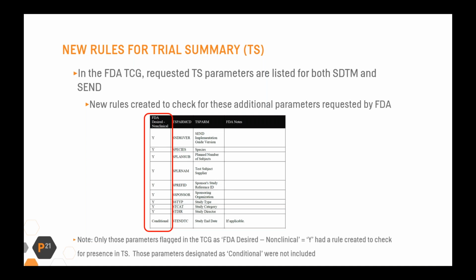Please note that we created a rule for any parameter designated as Y in the TCG. We did not include any that are considered conditional. So if it's FDA desired, then it's expected that there is a record for that particular parameter in TS.